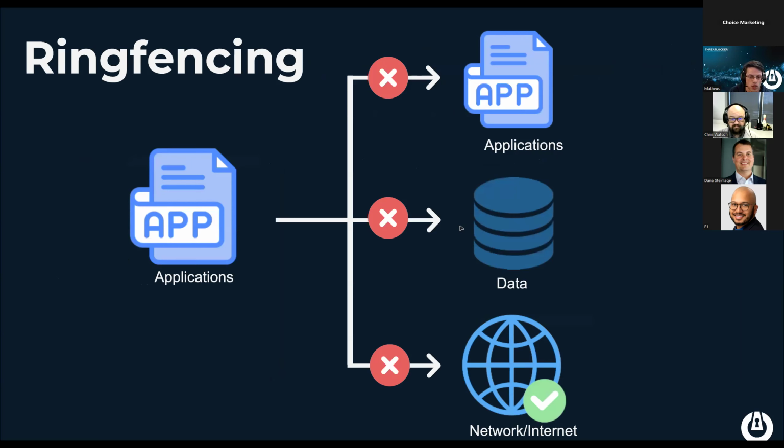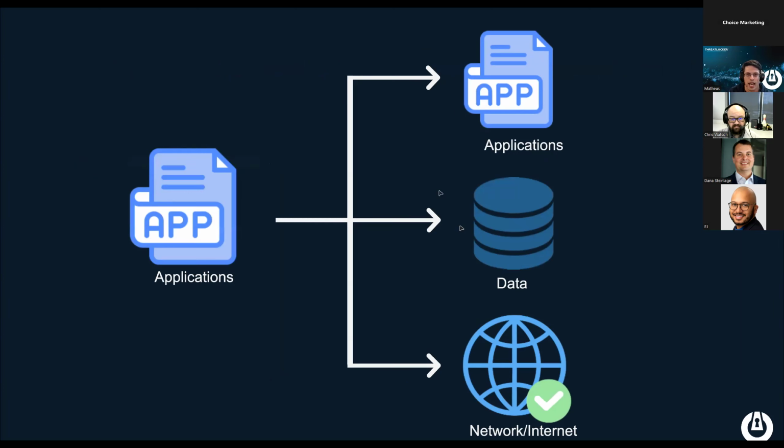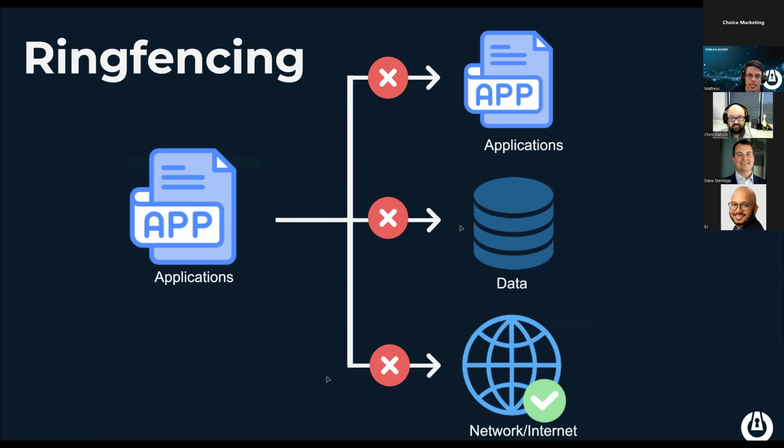Because if you recall, in the beginning when I was showing you, by default, applications have that access granted to them. They can communicate with other applications just fine. And that's why in the Follina vulnerability, Word was able to communicate with PowerShell. There was nothing there preventing that from happening. With ring fencing, the intent is to really limit that.